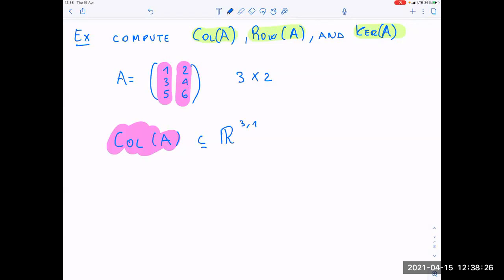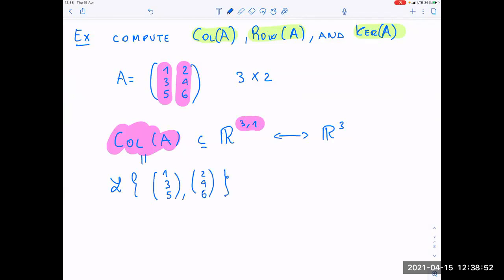Okay? And you can, in some sense, say this is not much different from R3. I agree, but if you want to write them as columns, well, this is probably best. And this is the linear span of these 2 vectors of length 3.